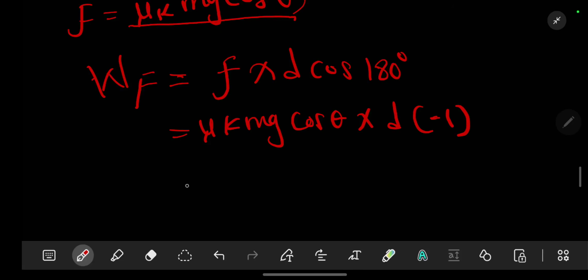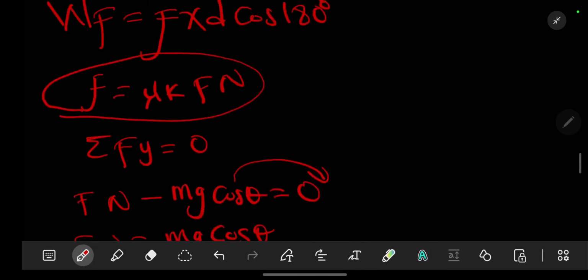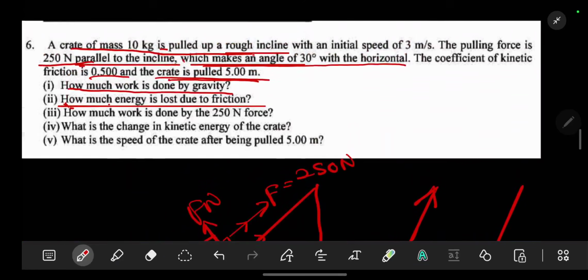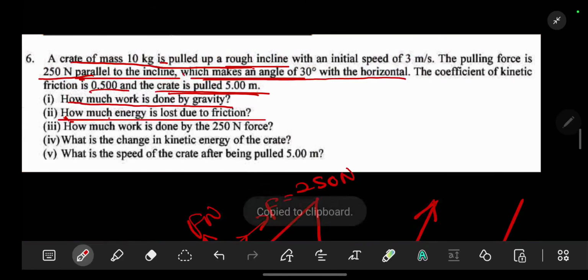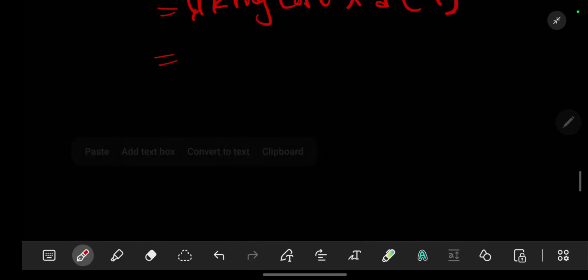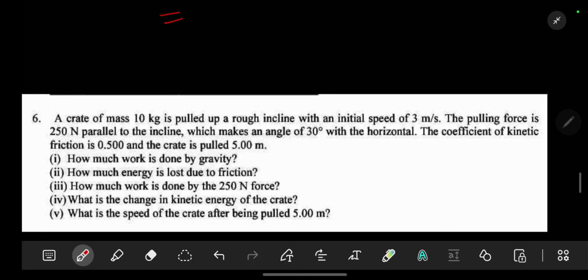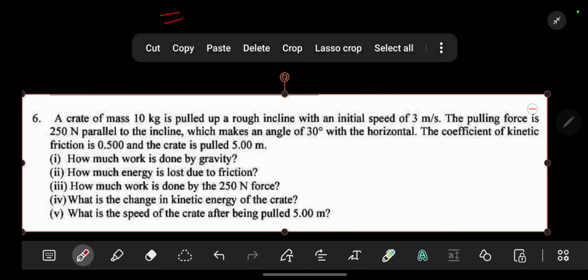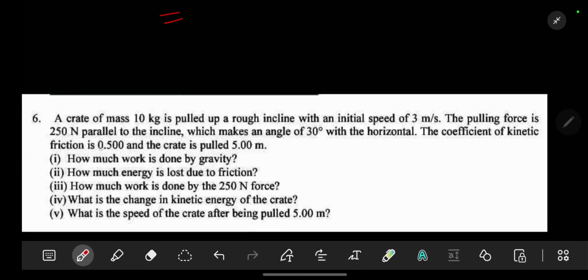Now for μk, according to the problem, μk is 0.5. That's the coefficient of kinetic friction.